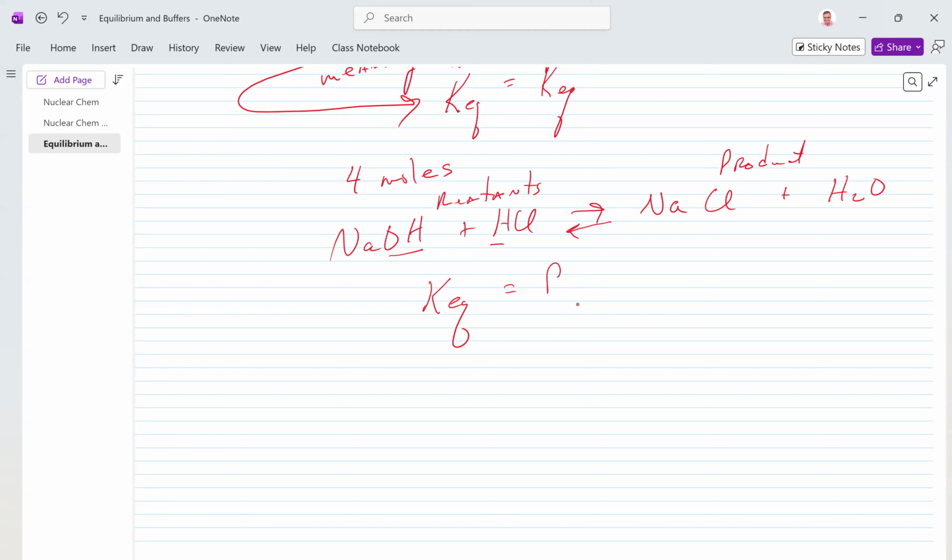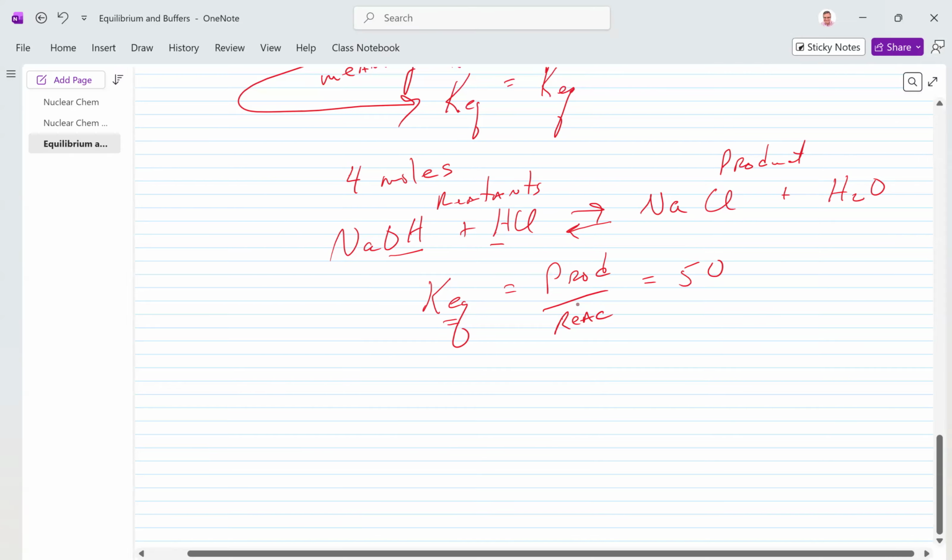Okay, so when we do product over reactants, we're going to equal 50. Now, this is at equilibrium now. What if we threw in a bunch of extra sodium hydroxide? In other words, say this was 1-to-1 exactly, and we threw in 3-to-1 sodium hydroxide to 1 part HCl. The product to reactant quotient has to remain at 50.